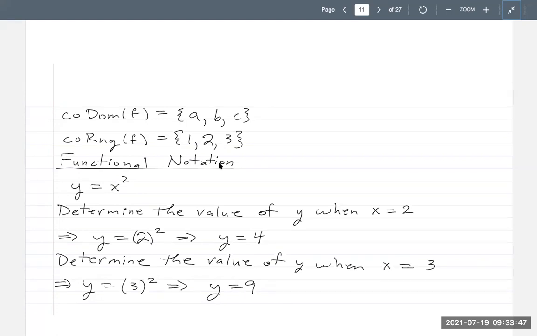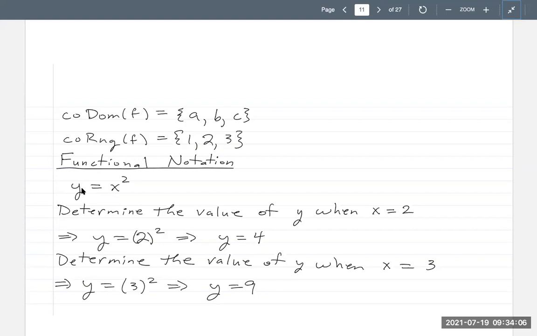The major places where students get points taken off is the fact that they are confused with this concept. So suppose I want to do the following problem.